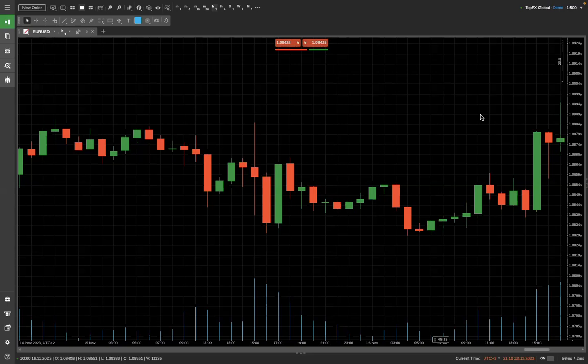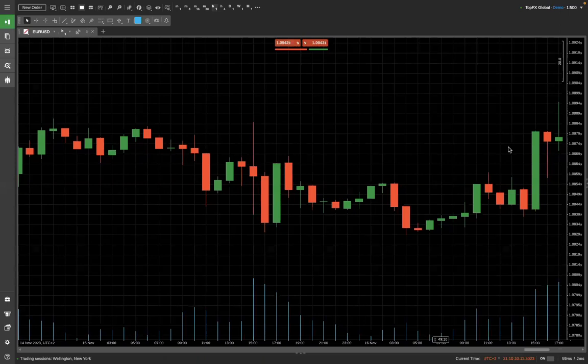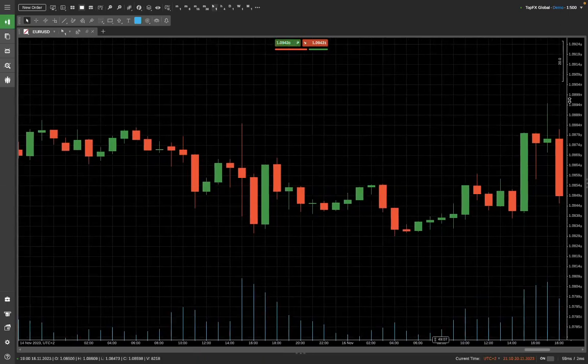So if you think like this, then what you should expect is a move to the downside. What you just anticipated should be confirmed by the market, and it is confirmed.